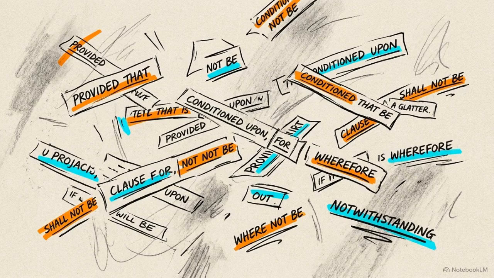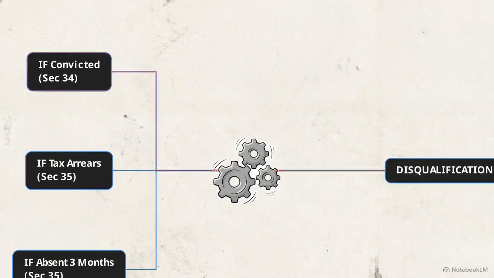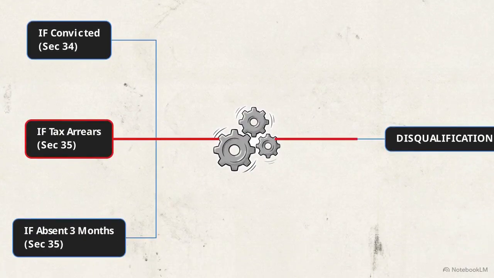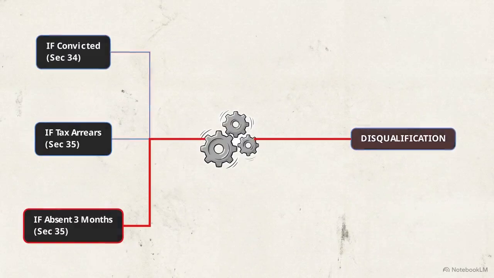It outlines over 24 specific, highly conditional rules for disqualification, scattered across multiple subsections. To apply this accurately, you process a nested Boolean logic tree of if-then statements. For example, disqualification occurs if convicted under the Penal Code, or if in arrears of panchayat tax, or if absent from meetings for 3 months without permission.